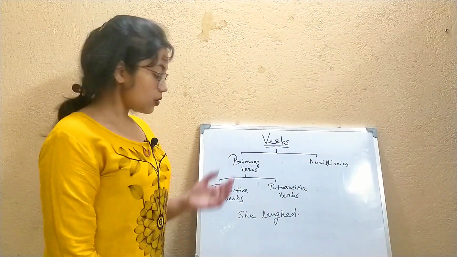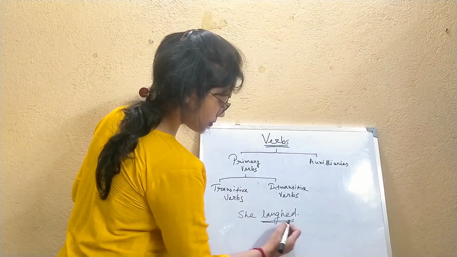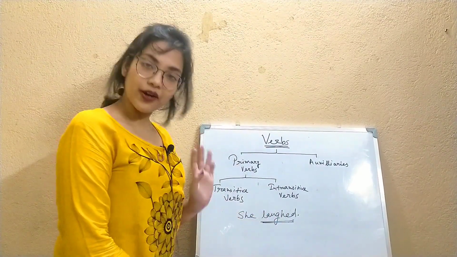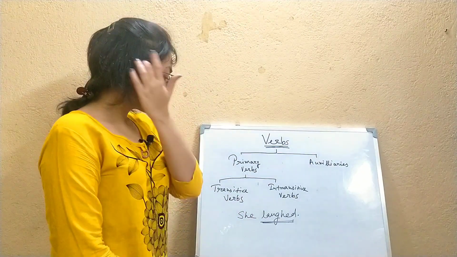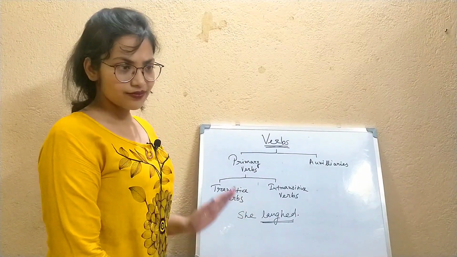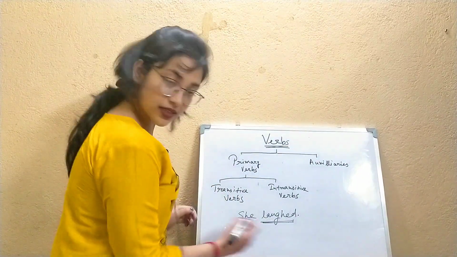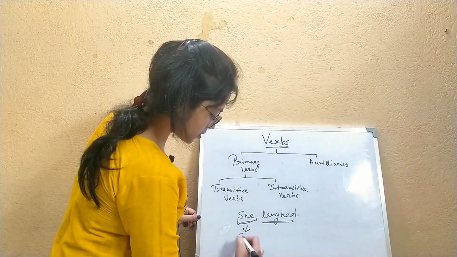Okay, so here we can clearly see that this word laughed is our verb, because this is an action word. But in this case, this is our subject, by the way. This word she is our subject.